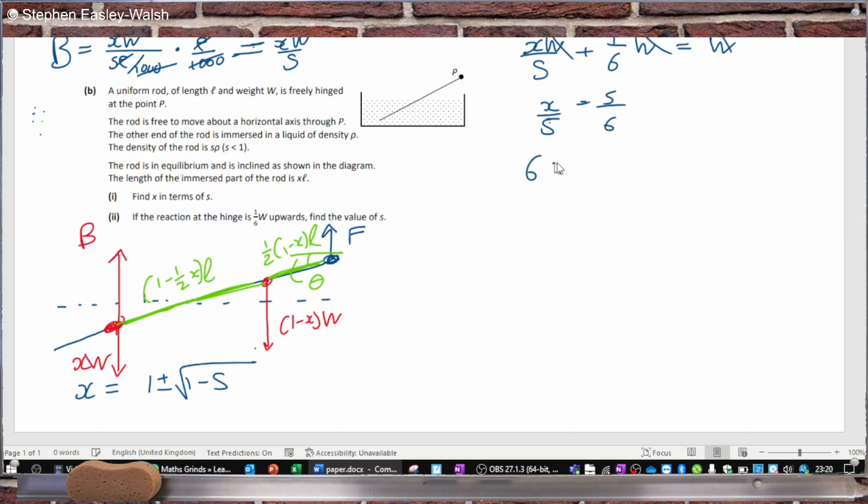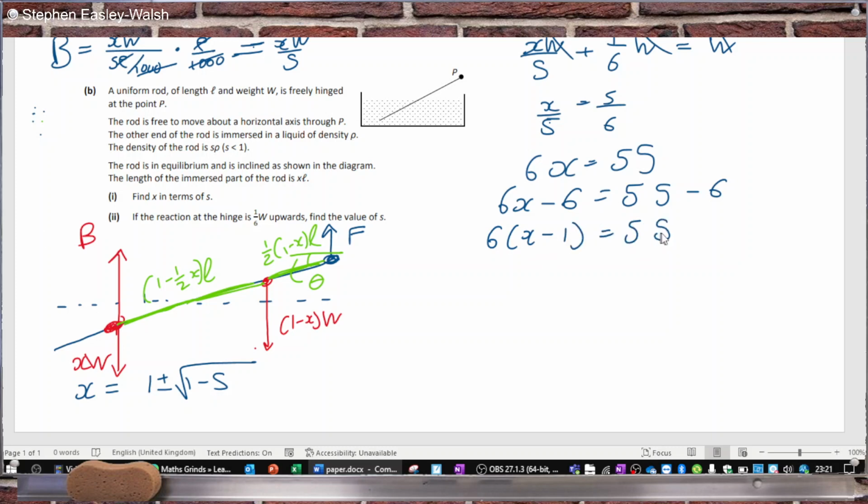So 6x equals 5S. Okay, so 6x minus 6 equals 5S minus 6. So 6 times x minus 1, that's 6 root 1 minus S, equals 5S minus 6.